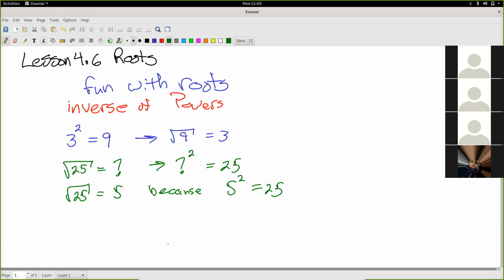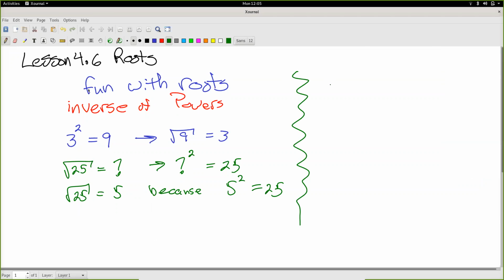Now, there were a couple of homework questions related to how negative numbers fit into all this. So let's come over to the side here. If I wrote, what number squared is equal to 25, you might say that looks the same as this, but it's not. In this case, I started first with the square root and then thought about squaring.